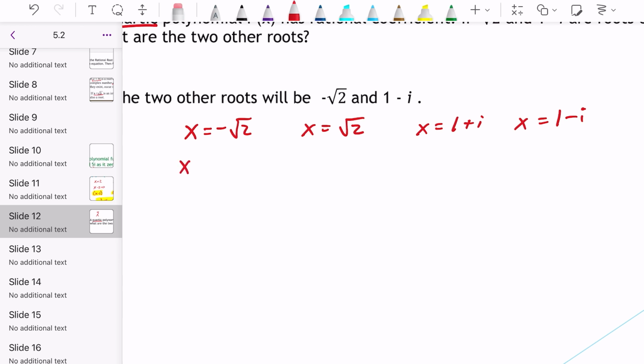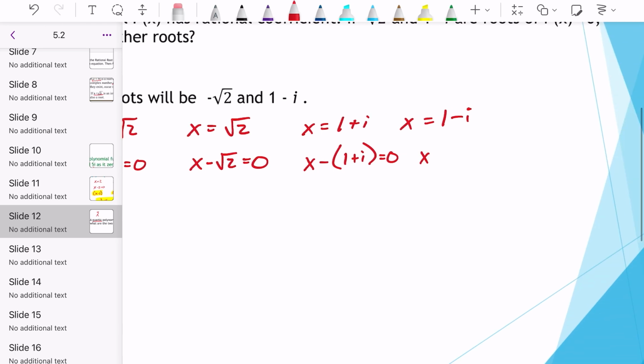So this would be x plus the square root of 2 equal to 0. x minus the square root of 2 is equal to 0. x minus 1 plus i is equal to 0. And x minus 1 minus i is equal to 0.